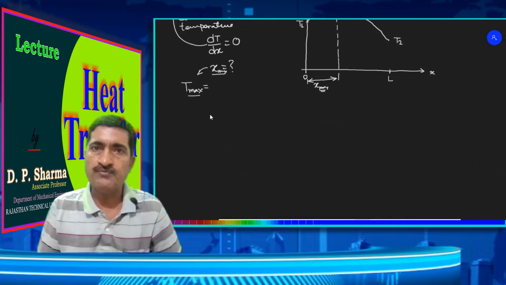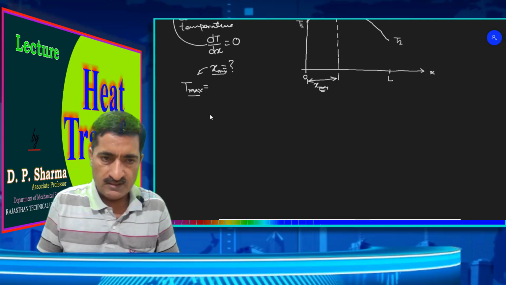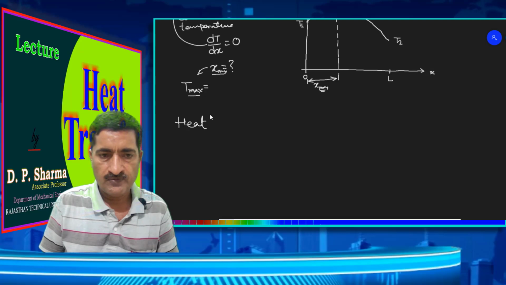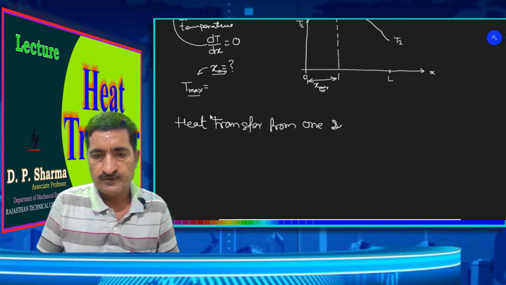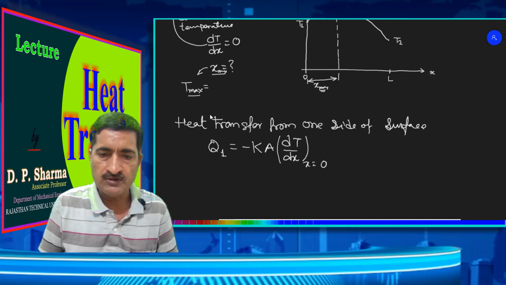Now heat transfer from one side and from the other side of the slab. Heat transfer from one side surface of the plane is Q1, where Q1 is minus K A dT by dx at x equal to 0.